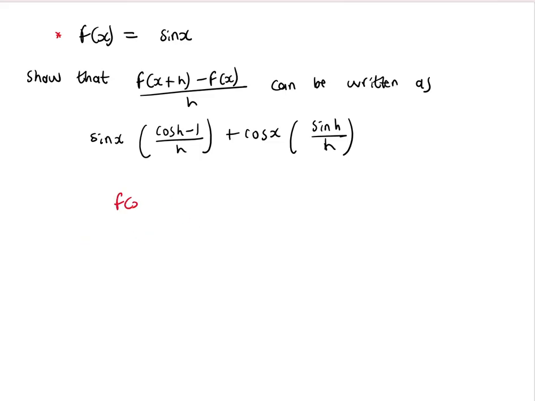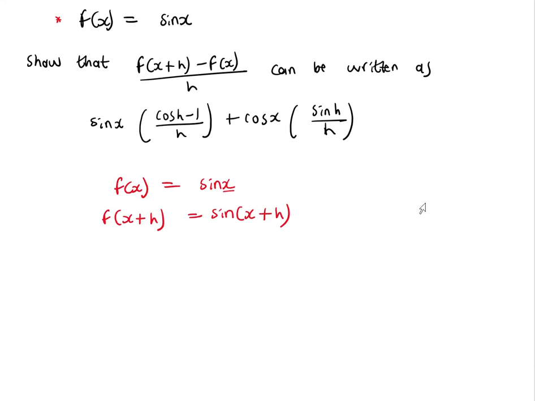So if f of x is equal to sine x, if I replace the x here with x plus h, even here I replace this x with x plus h. But before we even do that, let's go ahead and substitute into this formula here.